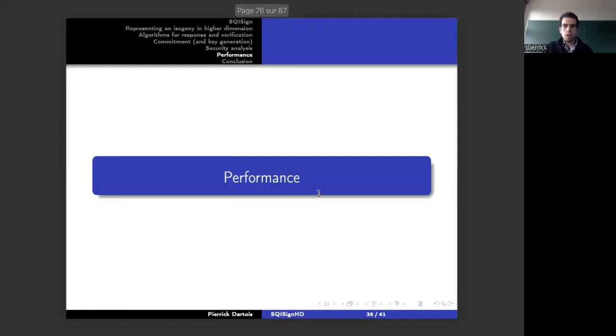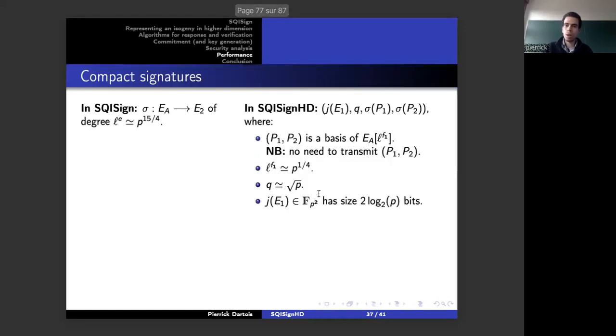So now that we trust the security of SQISignHD, we can present some performance results. I'm very happy to announce that we broke our record for compactness of our signatures in SQISignHD. To recall, what we need in SQISign for the signature is just an isogeny of degree close to p to the 15/4. In SQISignHD, we need all this data, but it's just a j-invariant with a q and the image of some points.